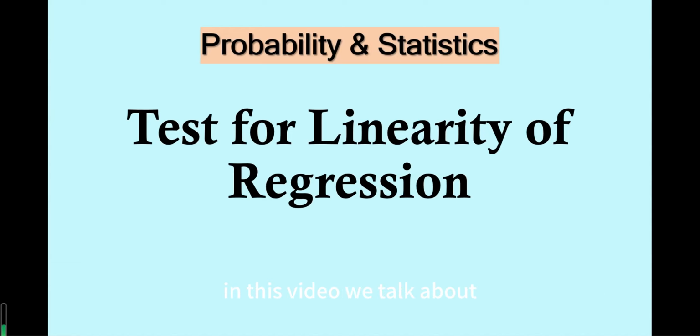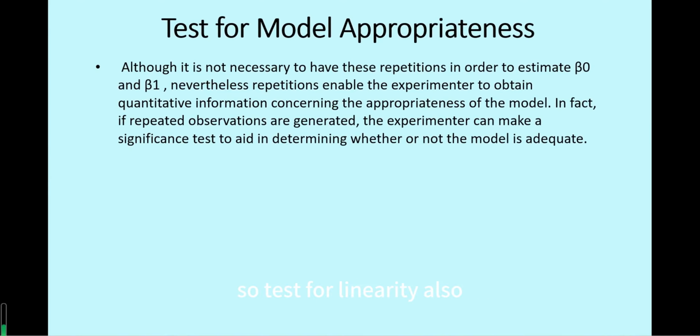In this video, we'll talk about tests for linearity of the regression model. So a test for linearity also means a test for model appropriateness. Because in a simple linear regression, for example, we assume that there is no second power of the independent variables in the model.